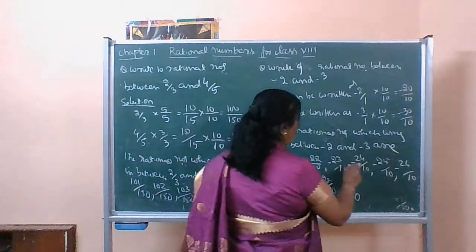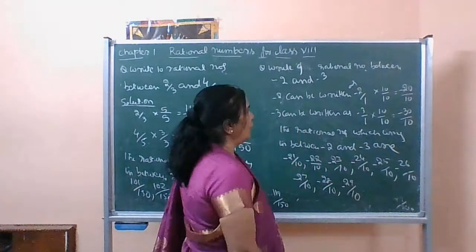You got 1, 2, 3, 4, 5, 6, 7, 8, 9. You got only 9 now.